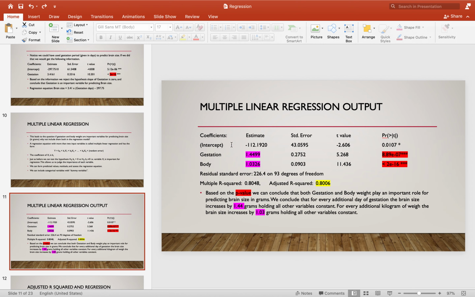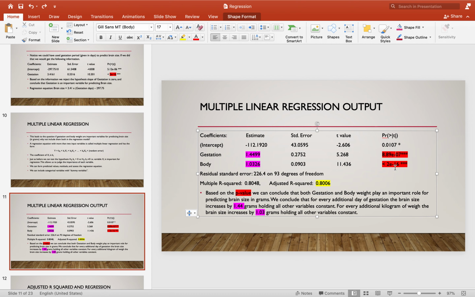And when we do that, we get slightly different estimates. Notice the intercept has changed. Our estimate has changed a bit for both of these two variables, gestation and body weight. But notice they're highly statistically significant. Gestation is statistically significant at 8 times 10 to the negative 7th, and body weight is statistically significant at 2 times 10 to the negative 16th.